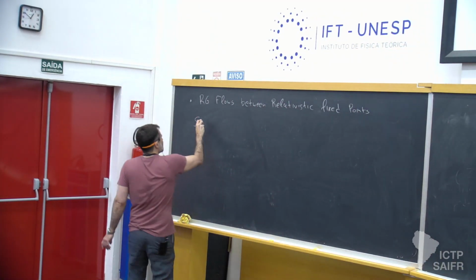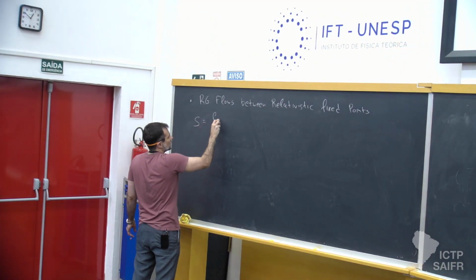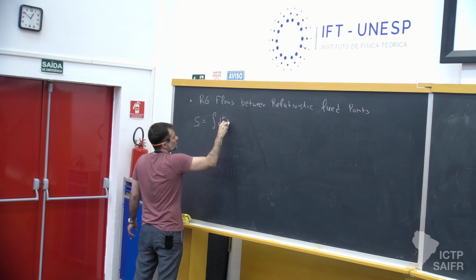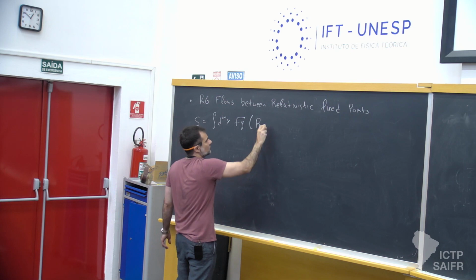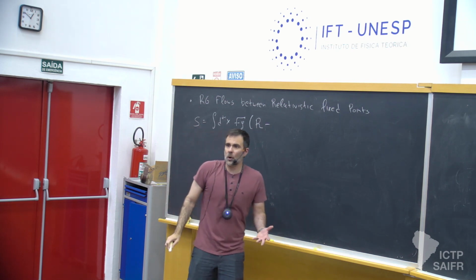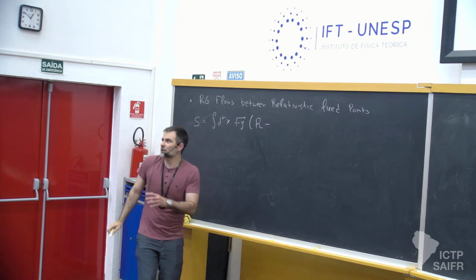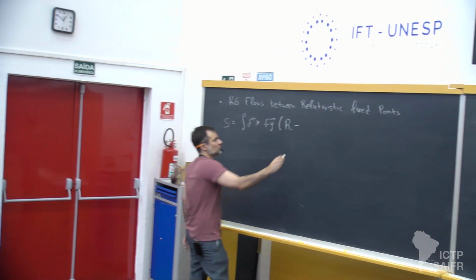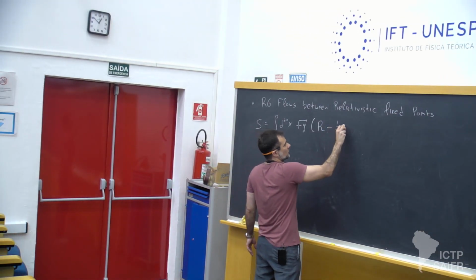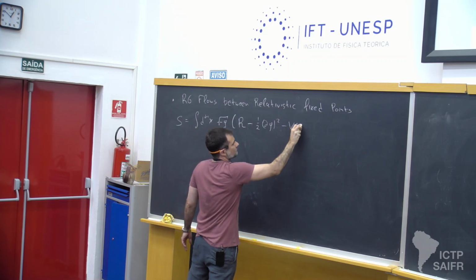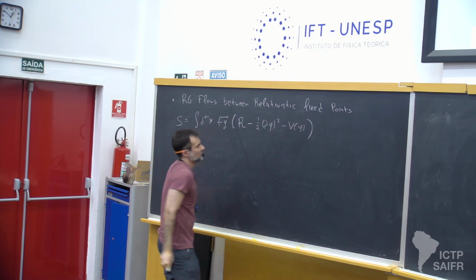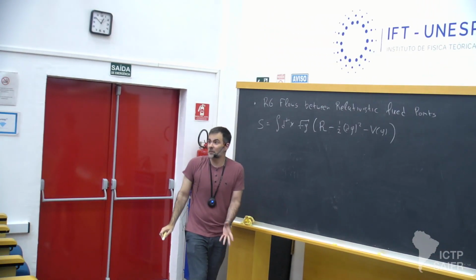You would definitely need the metric. And you would also need a scalar operator that will trigger the RG flow. So let's put in a scalar. And that's it. That's the minimal thing.